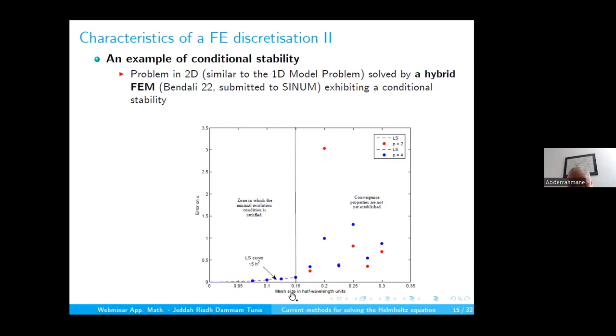For instance, here, the method converges with the right rate of convergence only when the mesh size is less than this value. And before that, the error behaves in a completely erratic way.